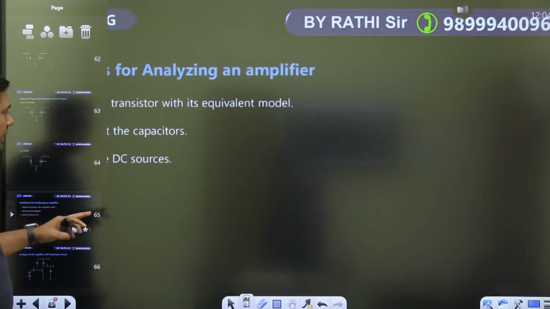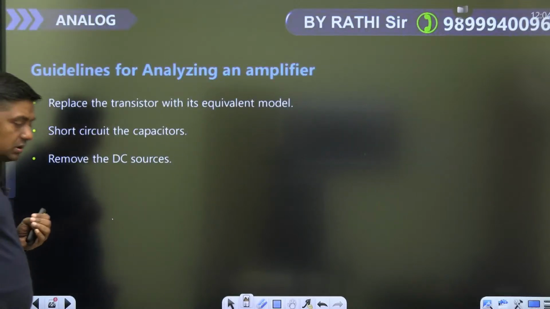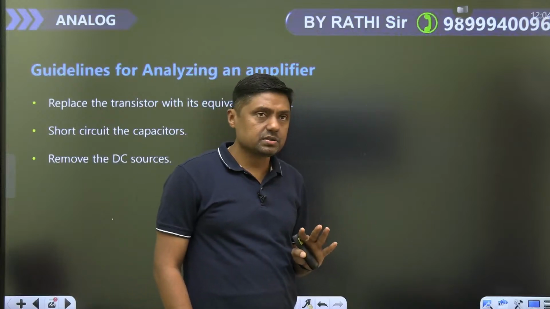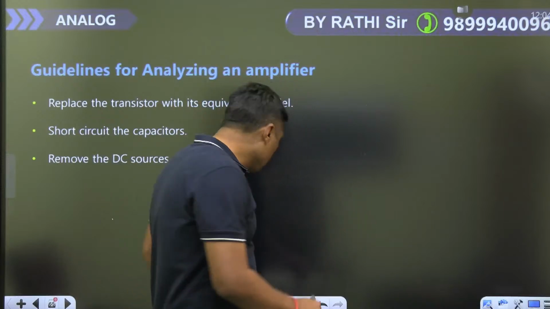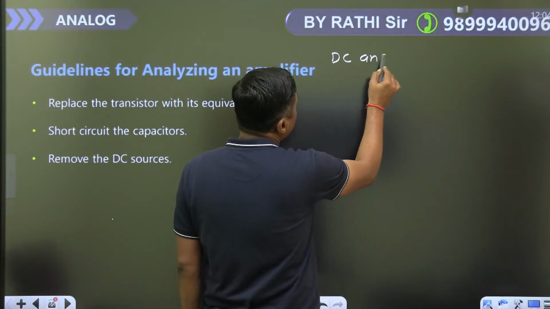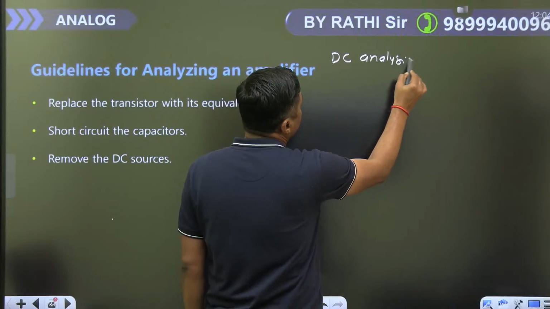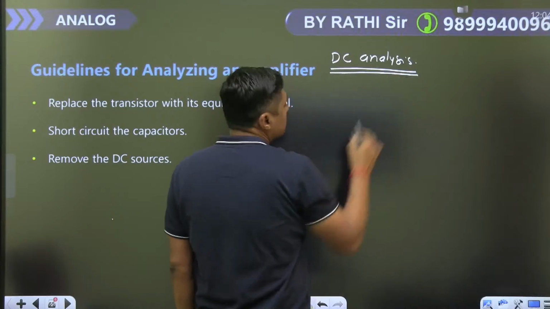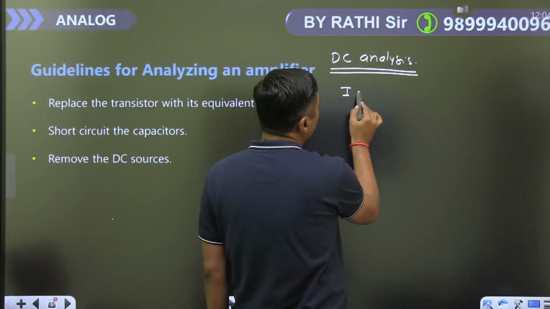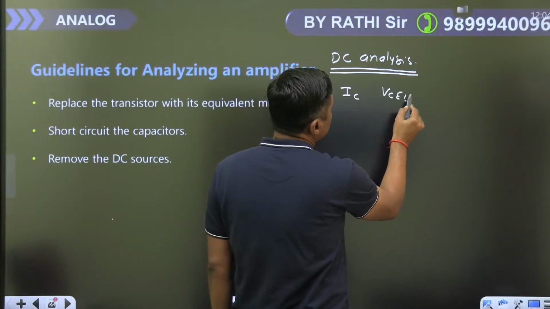What you have to do is, whenever you are solving a question on AC analysis, right? So there are two analyses. One is called DC analysis. We have already solved a number of questions on DC analysis. DC analysis means find the value of IC, find the value of VCEQ, and so on.